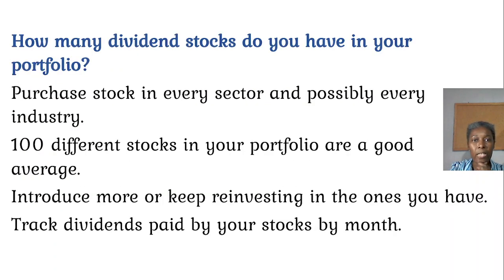So how many dividend stocks do you have to have in your portfolio? I think it varies. You can target 100, but then as you keep reinvesting in those stocks that you have, you can look at the month.